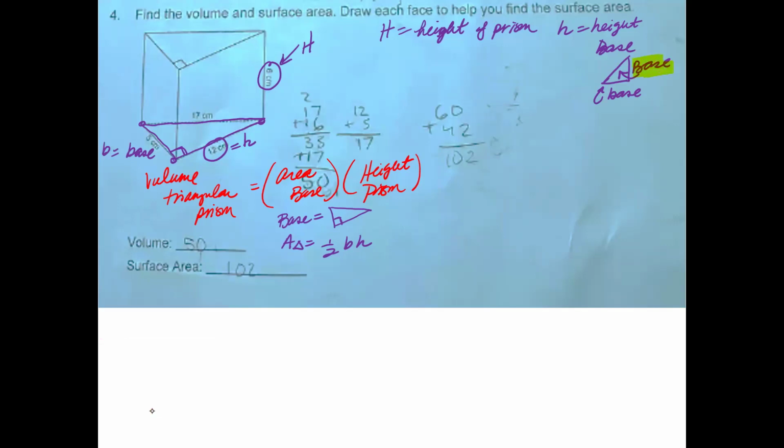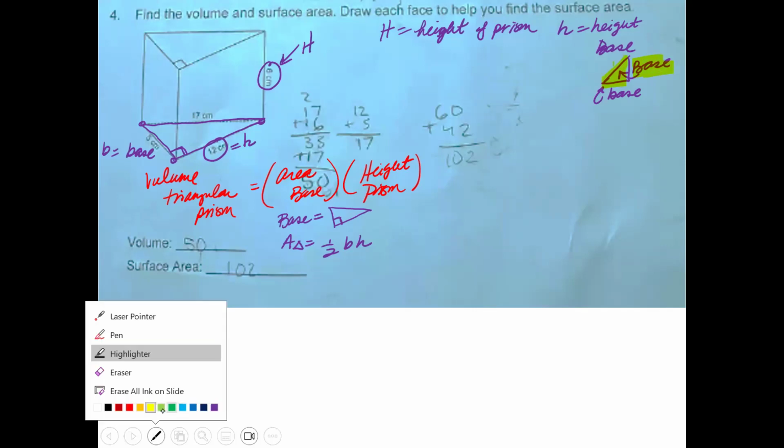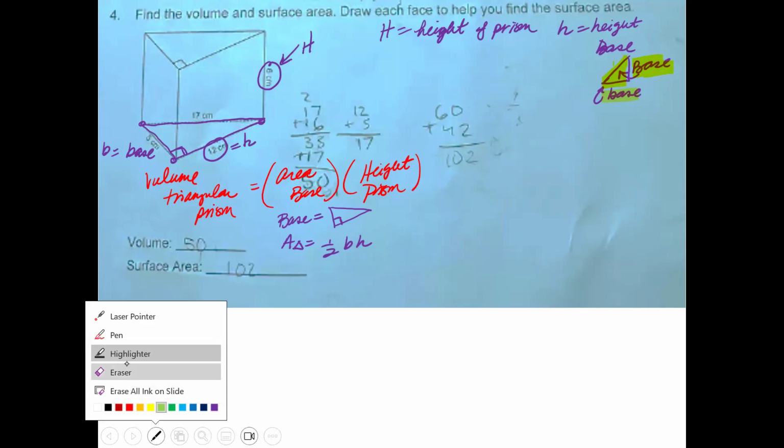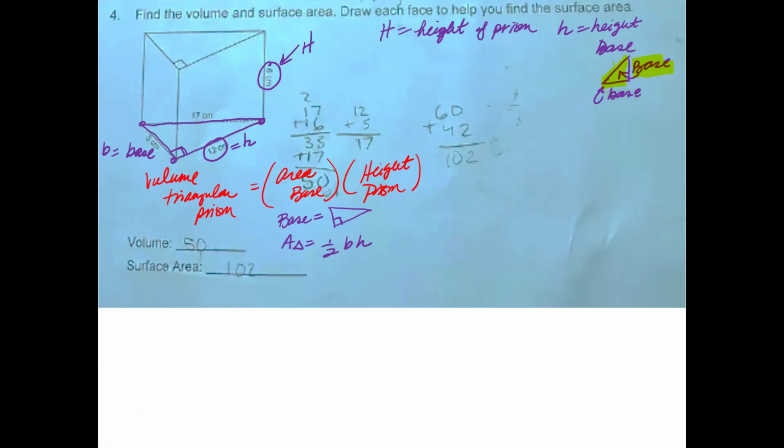This base is this triangle, okay? Hold on, let me try a different color. This base is from here to here. Do you see the capital base and the little base? Capital base is literally the base. The triangle is the base, right?